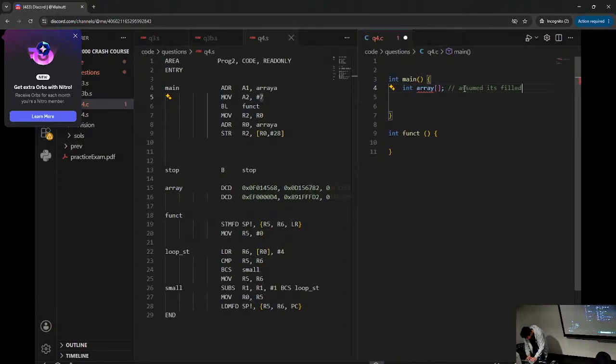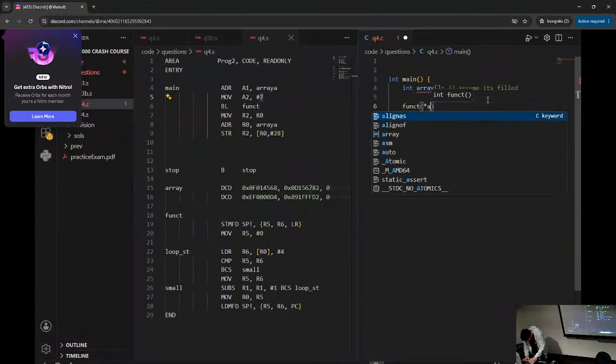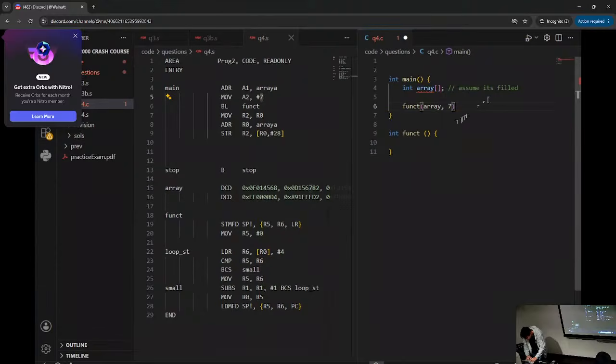So it looks like we're passing in the address of the array, and then we're passing in the number 7. That looks like what the function is doing, right? Everyone can see that? Cool.